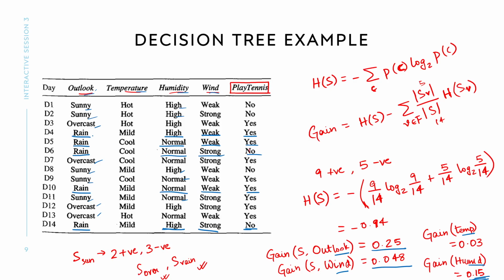Overcast is a value of a feature; these are the features. Overcast has the maximum possibilities, four. So we could go directly instead of calculating and checking which one to start with. The information gain is 0.25 here, but directly you are seeing the four outcomes are yes.